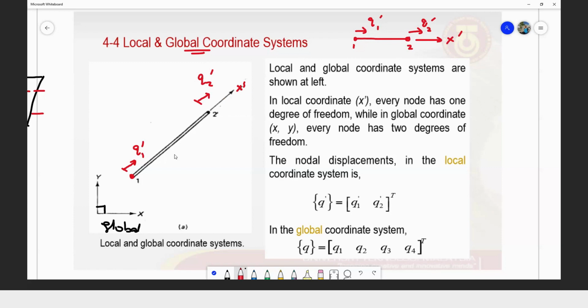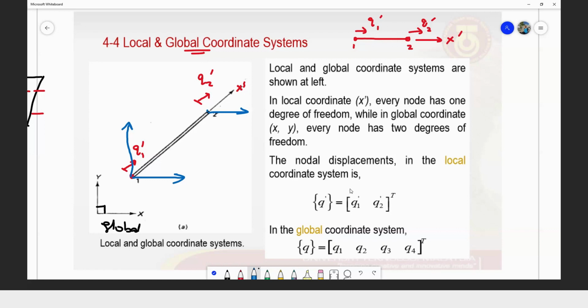But this structure is inclined to certain angle theta. Then when we view this in the global coordinate system, then macam kita explain sebentar tadi, that at each nodal point, kita akan ada two displacements, 2 degrees of freedom.